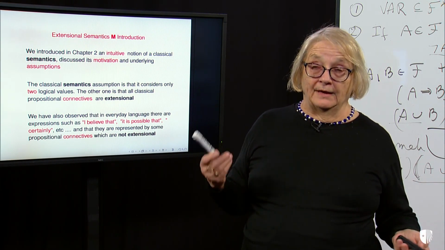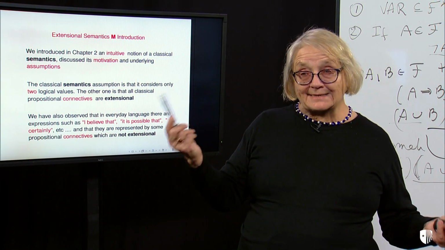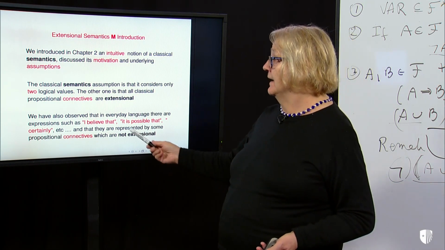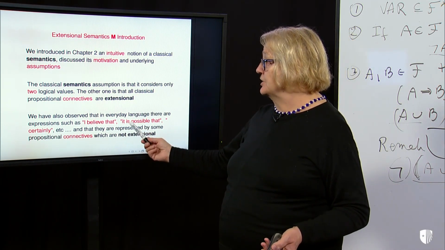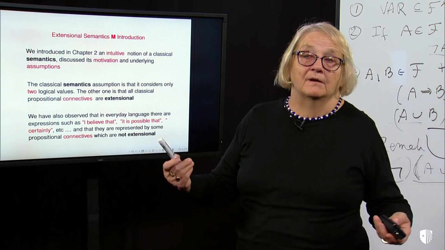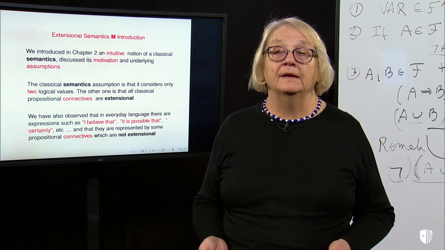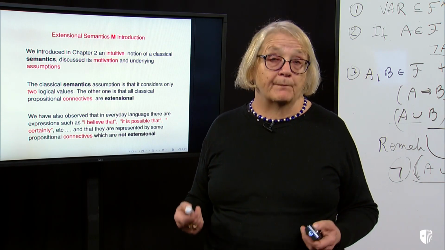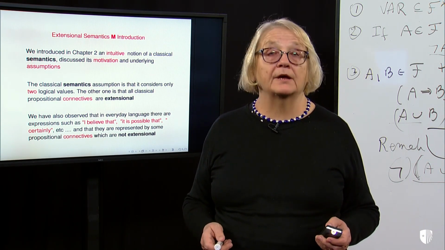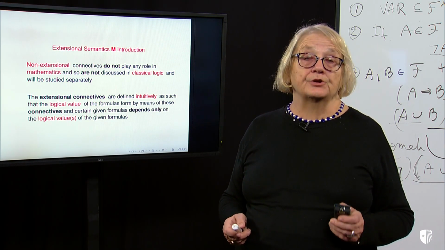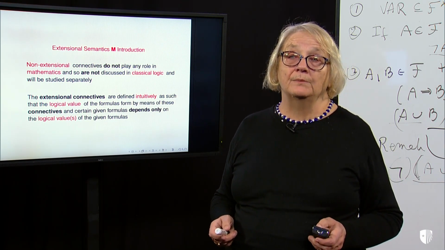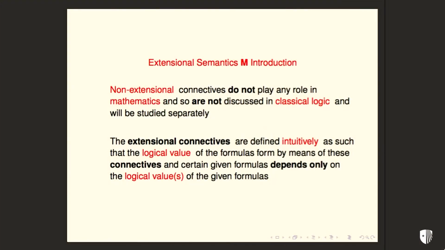And also, as you saw from the examples of languages, we can have a statement like "I believe that it is possible", which gives us another type of connective. They are propositional connectives, but they are not extensional. Non-extensional connectives do not play a role in classical mathematics, and they are not discussed in classical logic.